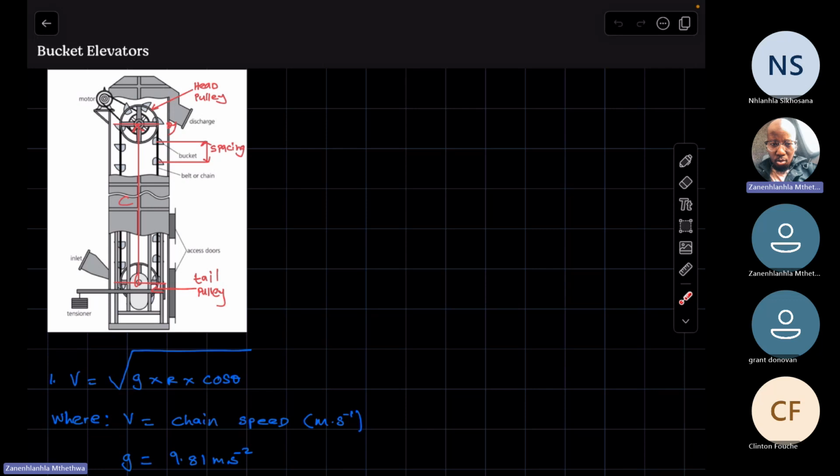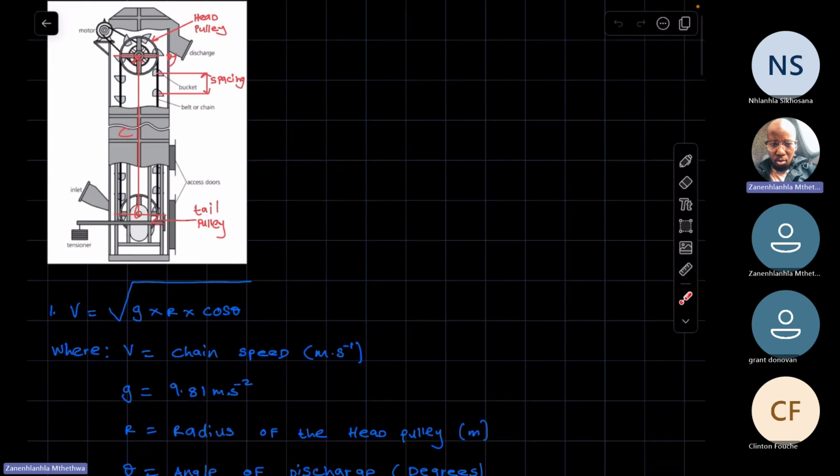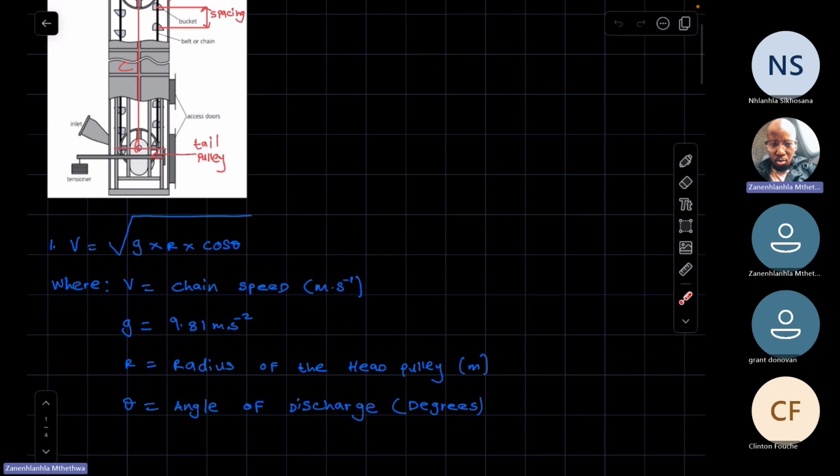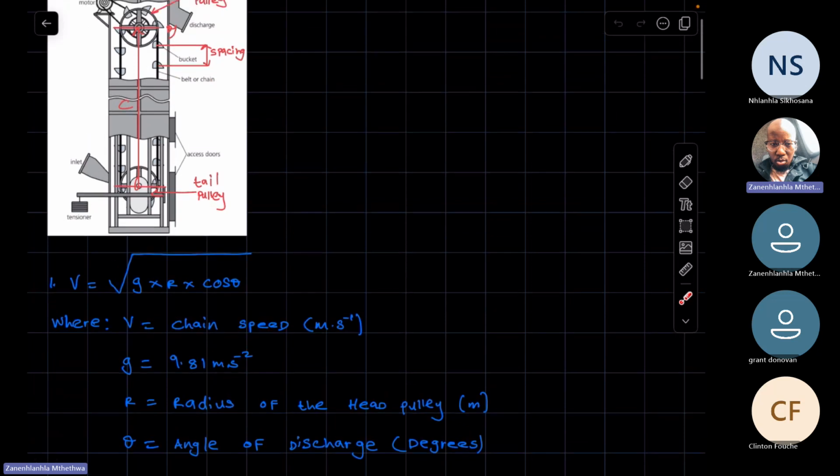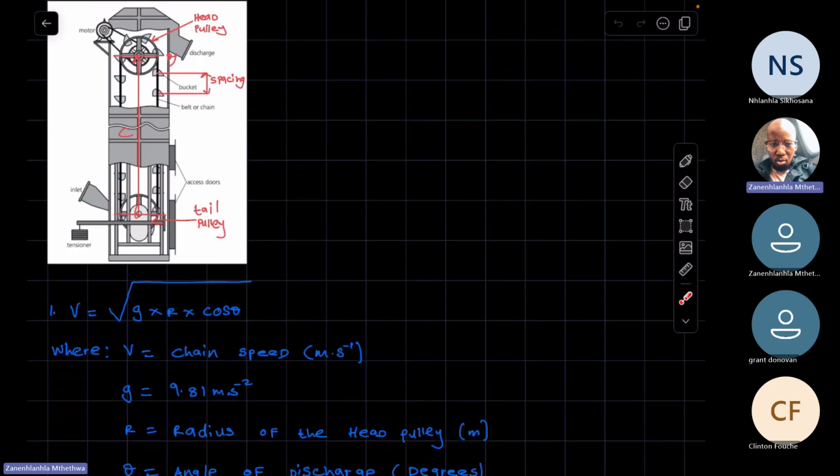Now, as far as the formulas that you can expect to use here, we have one where you have to calculate the speed of the chain, or velocity of the chain. So you use the square root of g times r times cos theta.